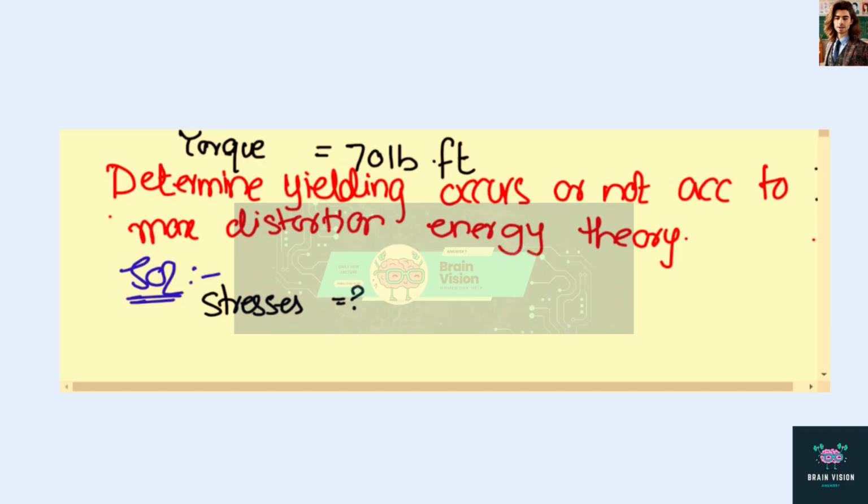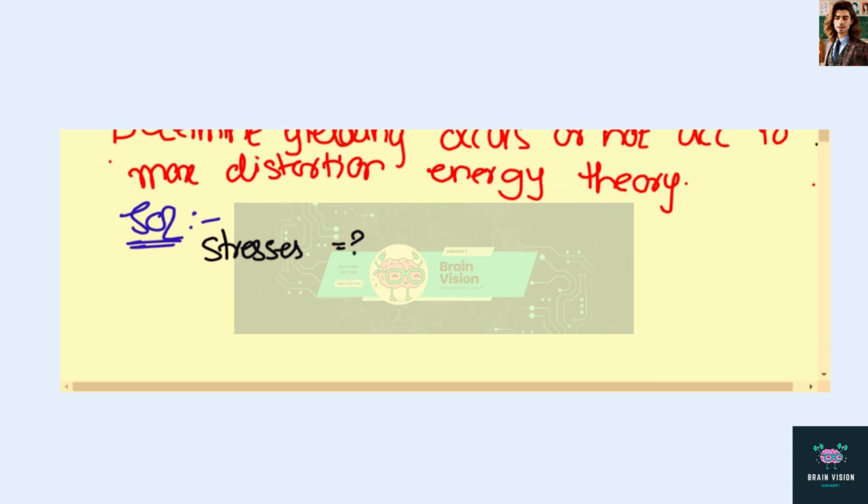However, it only applies for thin-walled vessels that have a ratio of radius to wall thickness of at least 10. In our case, r over t is 2 divided by 0.1, that is 20, and 20 is greater than 10.